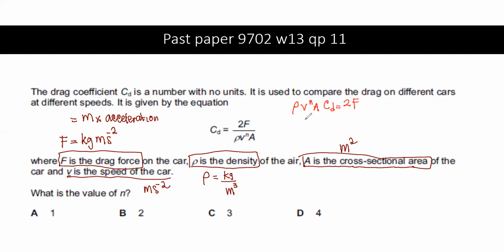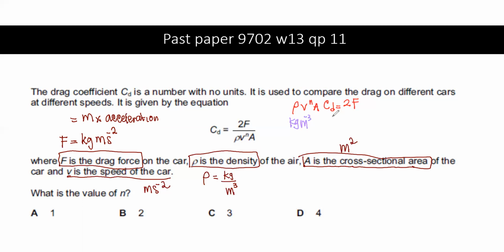Now here, I can substitute all units of the quantities into the equation. So rho is kilogram meter minus 3.